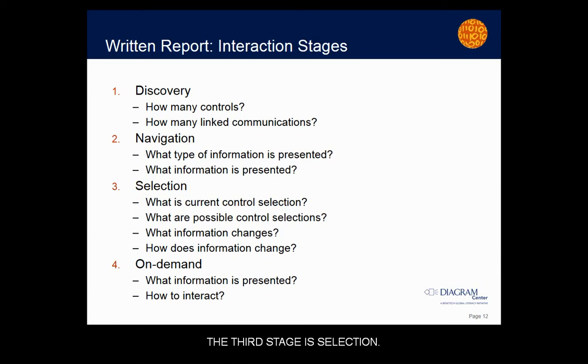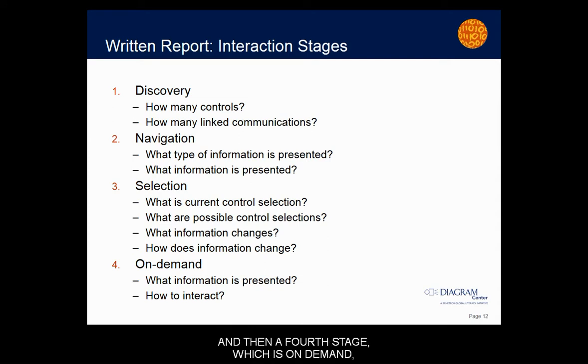The third stage is selection. So now that you understand what information is there, you want to actually interact with your widget. So I call that the selection stage because then you're learning about what the current value for your control is and how that's affecting the information that's being presented.